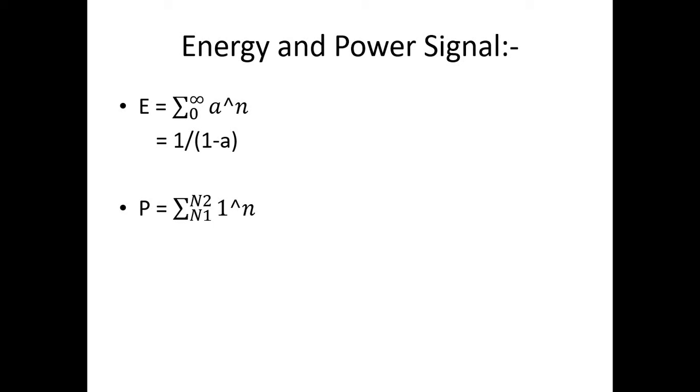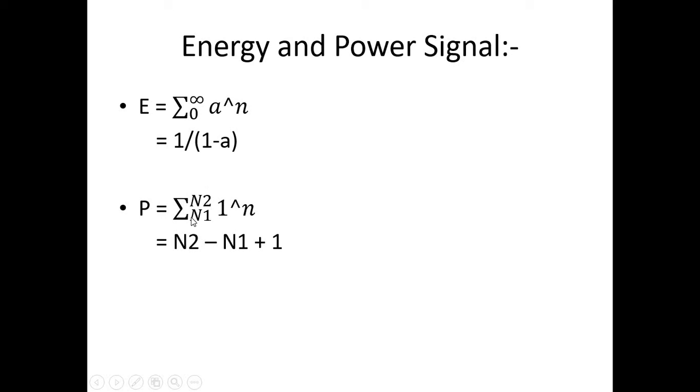Before we take the numerical problem, first of all, here is one important formula which you will face whenever you solve an energy and power signal problem. E equals the summation from 0 to infinity of a to the power n. If this condition arises, then the solution is 1 divided by 1 minus a.